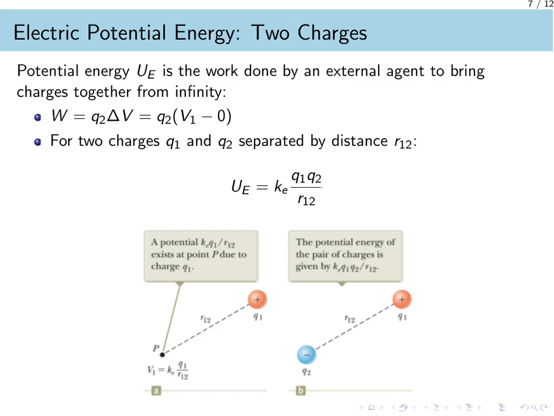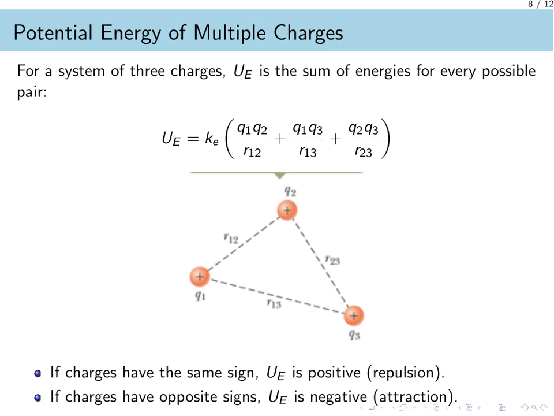A positive potential energy means the charges repel each other, while a negative potential energy indicates an attractive force between the charges. If a system contains more than 2 charges, the total electric potential energy is the sum of the potential energies for every possible pair of charges in the system.